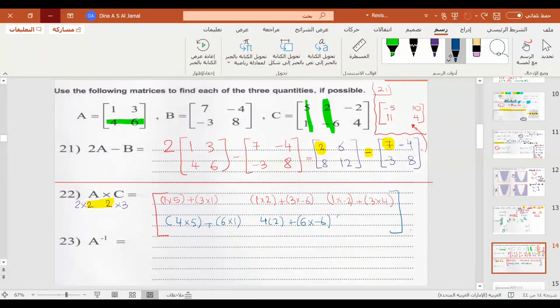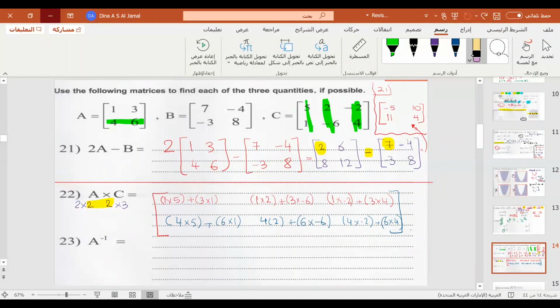Then let's see, lastly, this column, 4 by minus 2 plus 6 by 4. And I'll be putting brackets after calculating all of this.